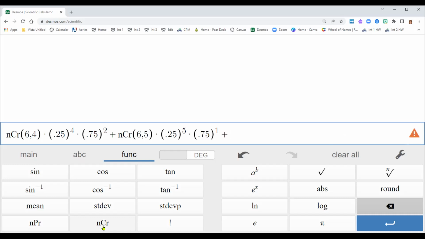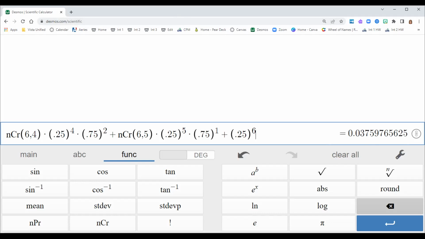Now 6 choose 6 is just 1, so I don't need to do that, times 0.25 to the power 6, times 0.75 to the power of 0, which I don't need to do. So I get 0.0376, let's say.